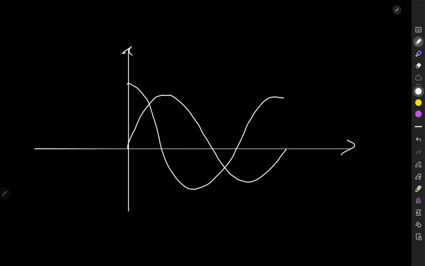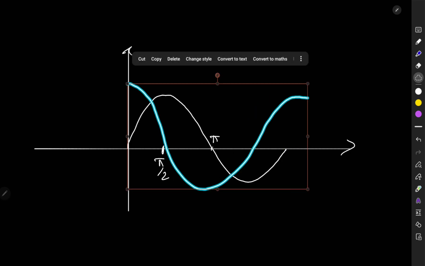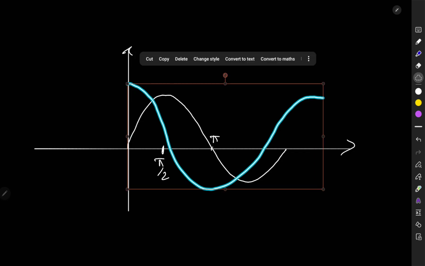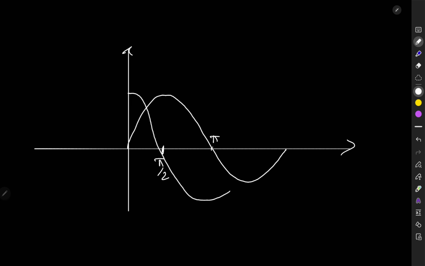So this point is pi by 2 and this point is pi. This is not a very accurate graph, so if we want it to be accurate, it will be something like this.